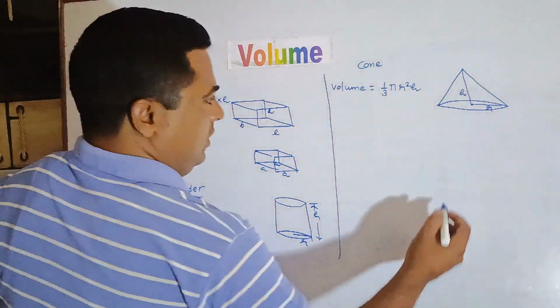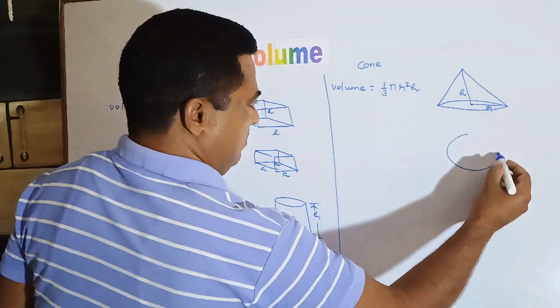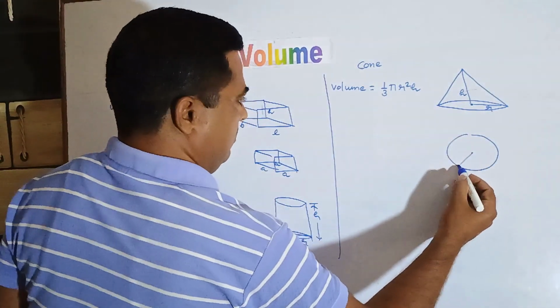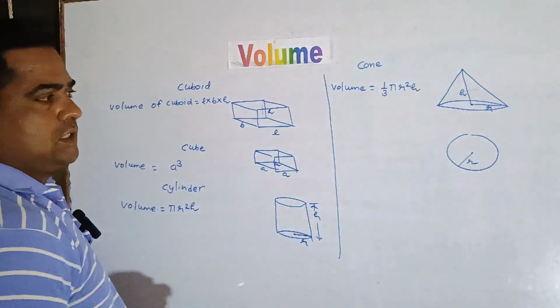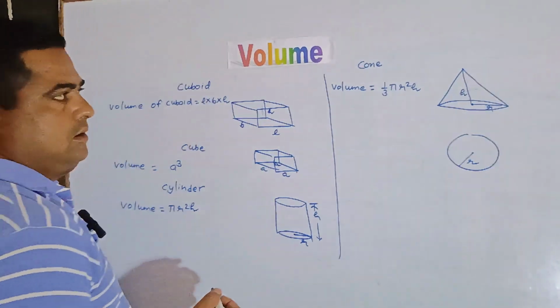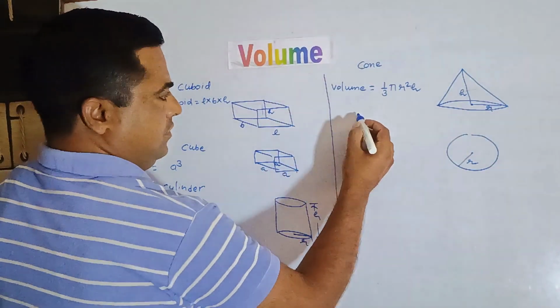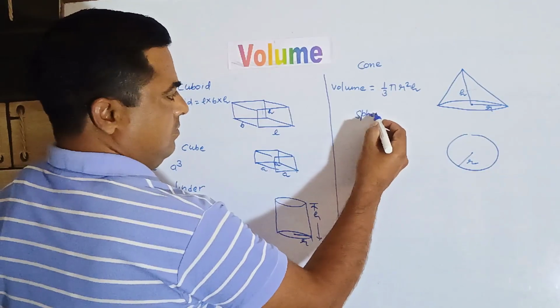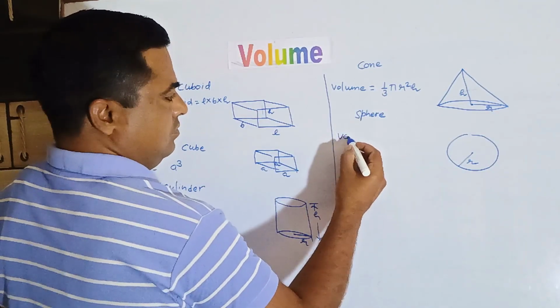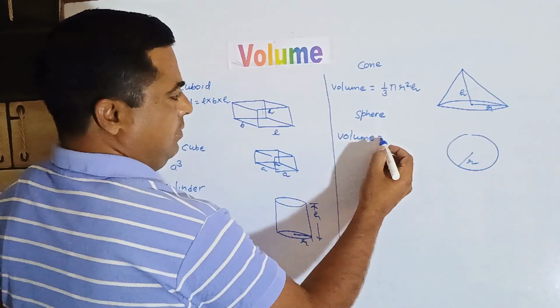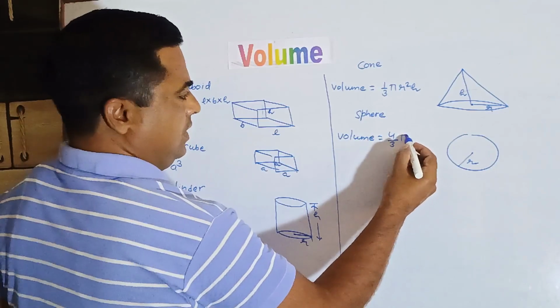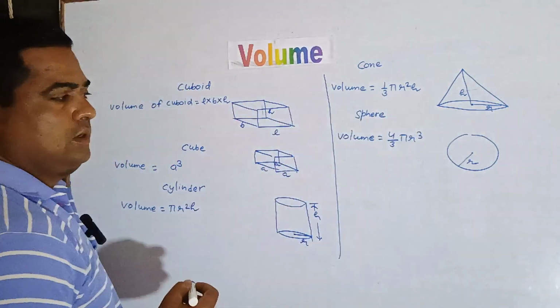Now we have a sphere. If we have radius of the sphere be r, then the volume of sphere will be 4 by 3 pi r cube.